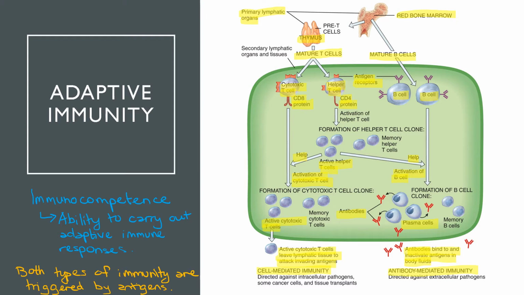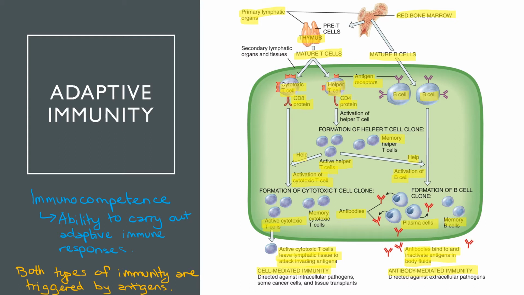Now we also see these other cells here: memory helper T cells, memory cytotoxic T cells, and memory B cells. So what are those all about? Memory cells do not actively participate in the initial immune response to the antigen.